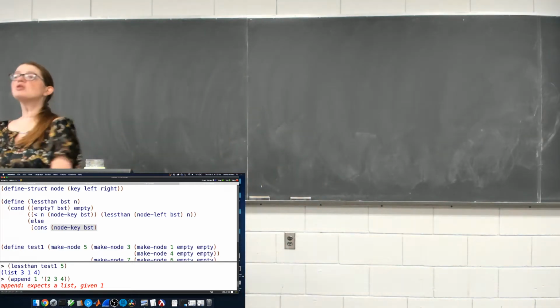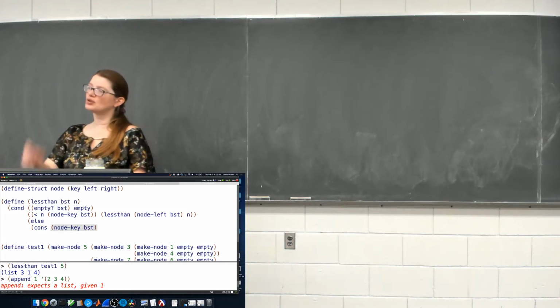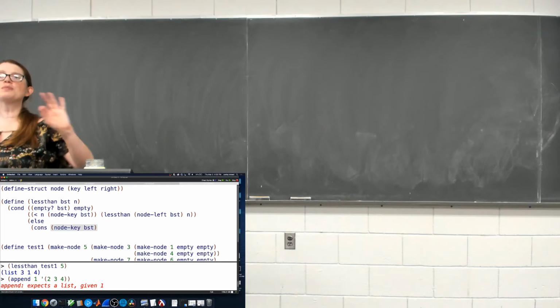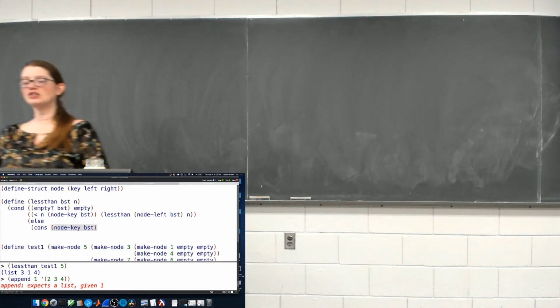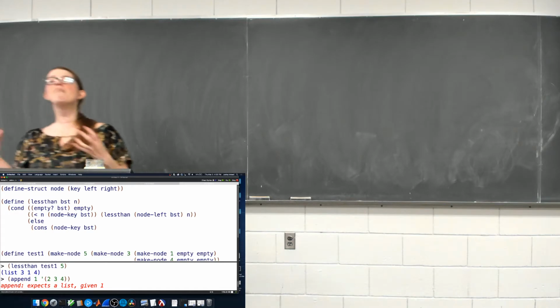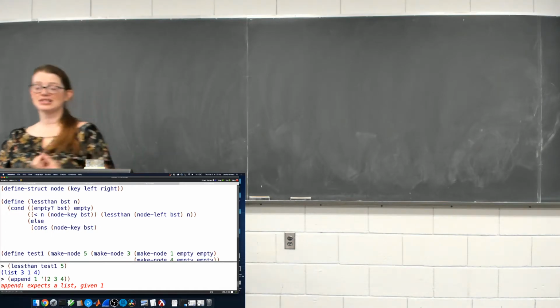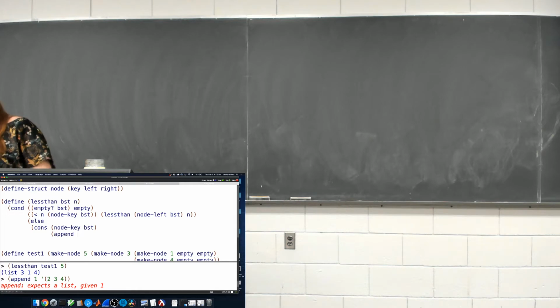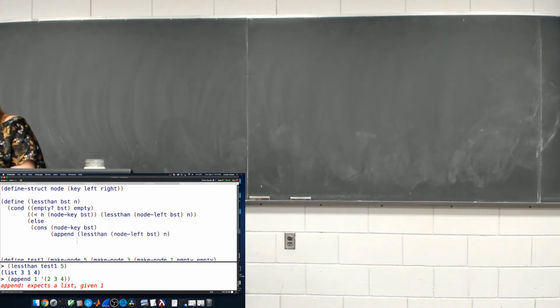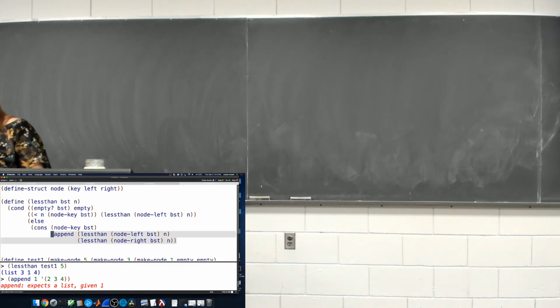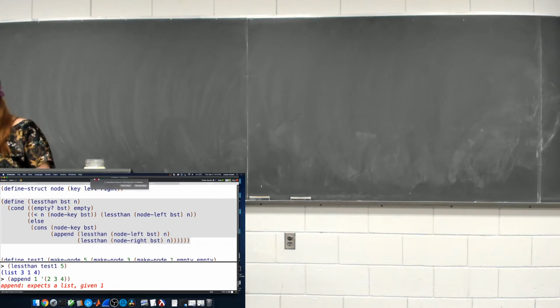Now, I'm going to get a list of things from my left subtree and a list of things from my right subtree, and I want this to produce a nice flat list. So the function that I want to use to combine the results of searching the left and right subtrees is actually append. So I'm going to append the results of searching for things less than n down the left and down the right. Make sure I got all the brackets.